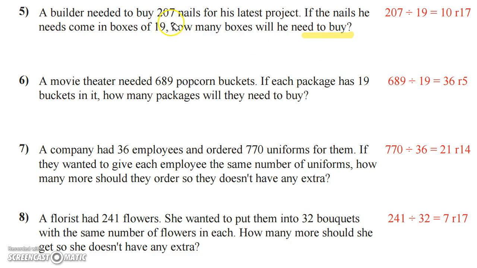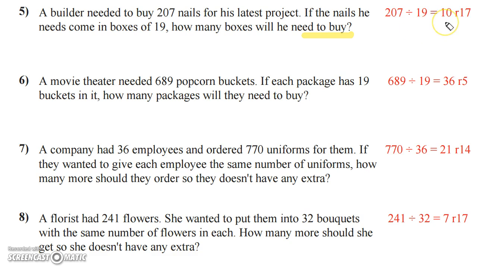He has 207 nails divided by 19. 207 divided by 19, the answer is 10, remainder 17. Well, if I just put the quotient, which is 10, I won't have enough, because 10 times 19 is 190, and that's not 207, so that wouldn't be right.